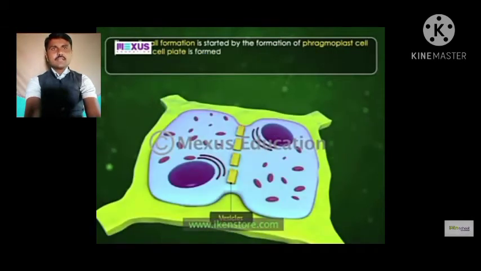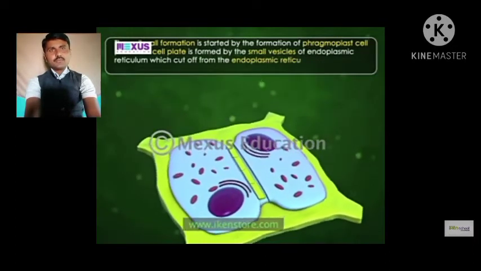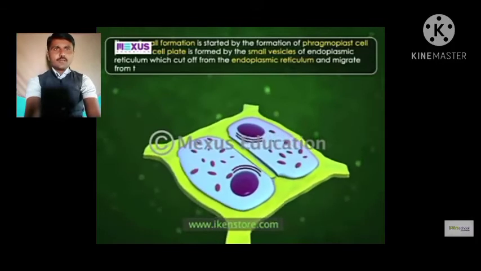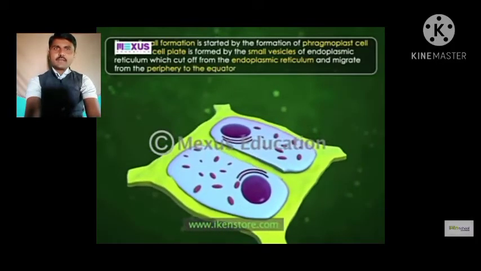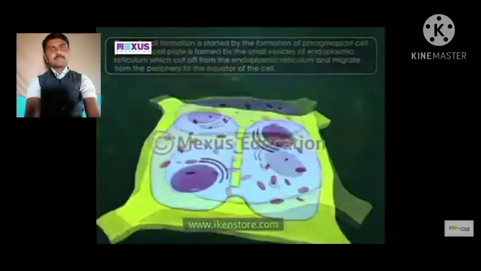You can see in this diagram, the cell plate is formed between the two cells, from small vesicles of endoplasmic reticulum which cut off from the endoplasmic reticulum and migrate from the periphery to the equatorial part of the cell.